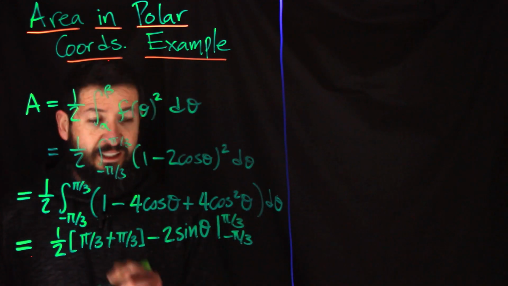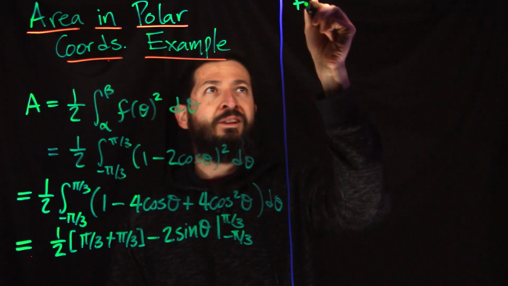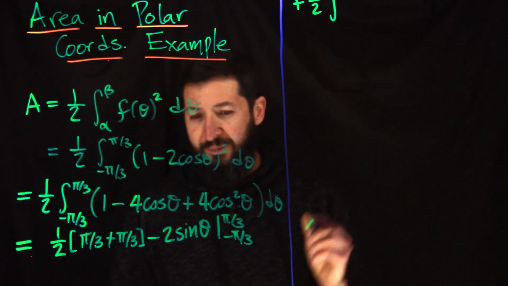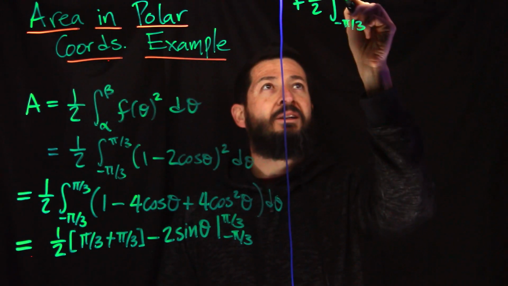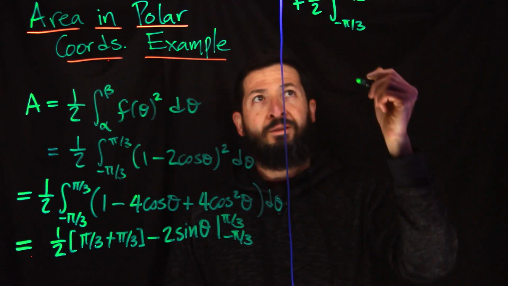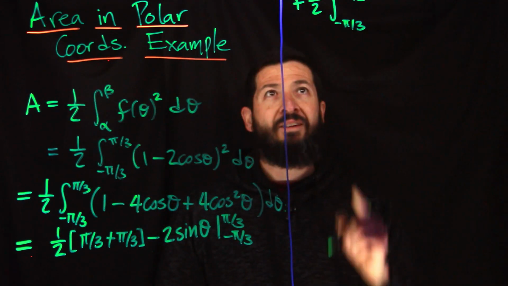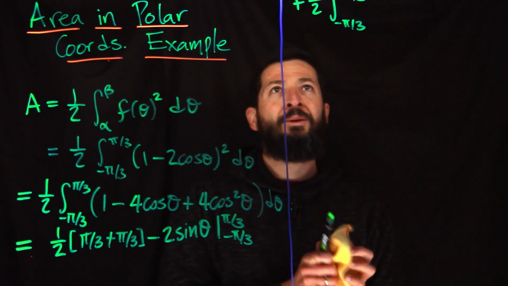I don't know if I can fit it down here, so I'm going to continue, kind of ugly, but plus 1/2 of the integral between negative pi over 3 to pi over 3 of the 4. Maybe I should have pulled this 4 out and multiplied times 1/2 and made it just 2. Let me erase that and make it 2 real quick.